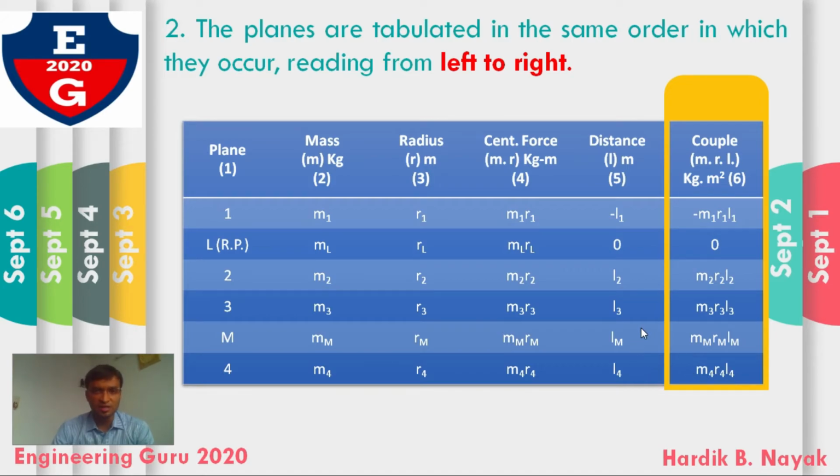Here you can see column number 4 and column number 6 are the most important columns, because from column number 4 we can draw the centrifugal force diagram, the force polygon, and from column number 6 values we can draw the couple polygon.